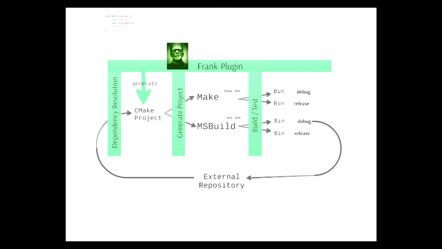Also, it will create the emulator. It will launch the emulator, copy the test artifacts to it, execute the unit tests, and then download the result. And then at the very end, it will publish the binaries to Artifactory. So right now, you can see why we call it Frankenstein.